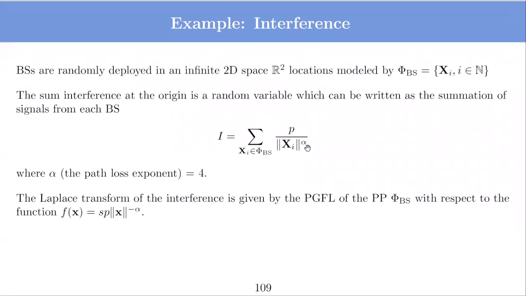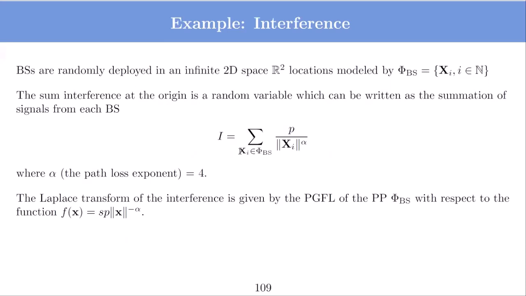And this is the interference from one base station at xi, and when you add this interference from all base stations, you get the total interference at the origin. We are interested in computing the distribution of this. For that, we can compute the Laplace transform of this interference, and from the Laplace transform, one can hopefully get the distribution.